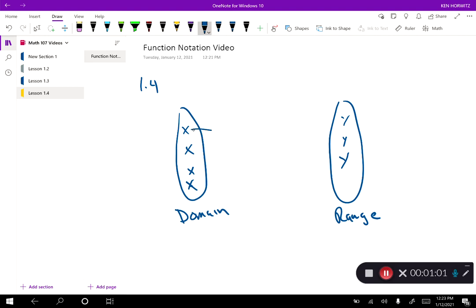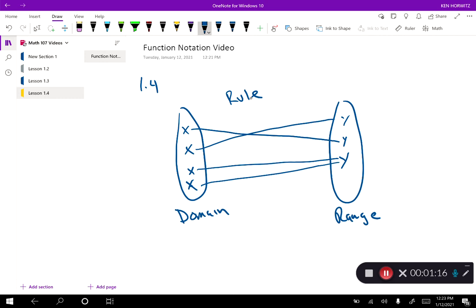So each one maps to a y, kind of like that. Now, the domain and range are connected by something we call a rule, and that rule tells each element in the domain which element in the range they map to.